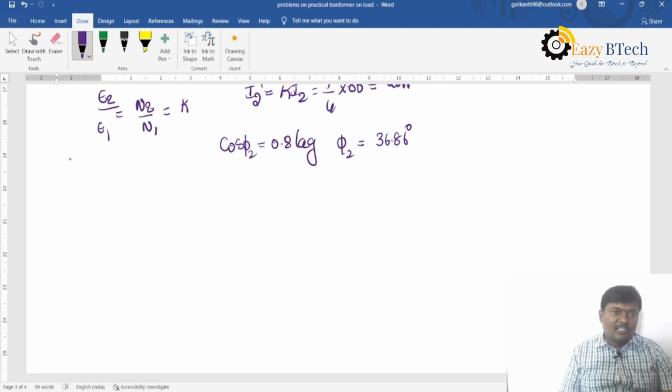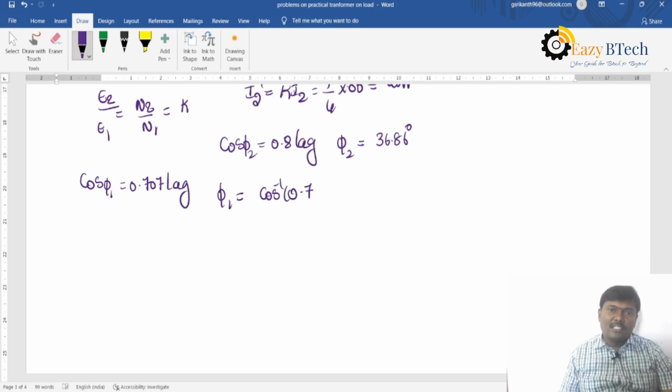Okay, and the cos phi 1 is equal to 0.707 lagging and the primary power factor angle is cos inverse of 0.707, which is equal to 45 degrees.